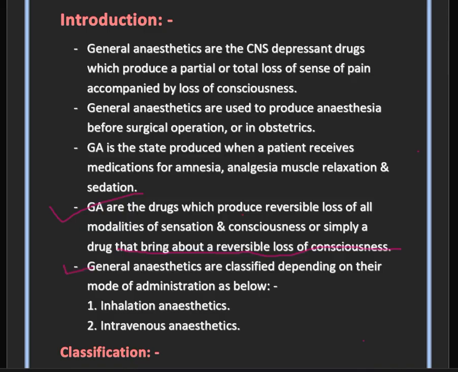Now general anesthetics are classified depending on their mode of administration, that is, how the anesthetic drugs are administered. First is inhalation anesthetic, the nasal route, and second is the intravenous IV route. These are the 2 types of general anesthesia depending on the mode of administration.